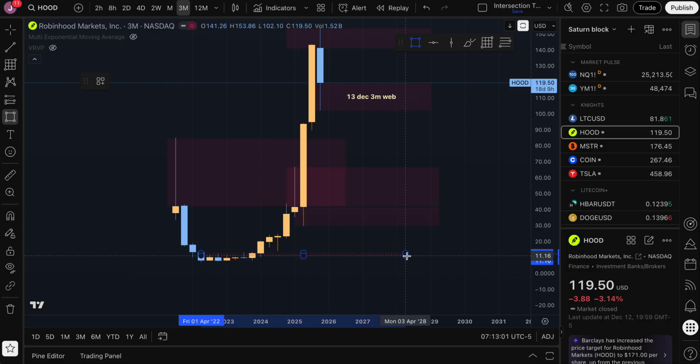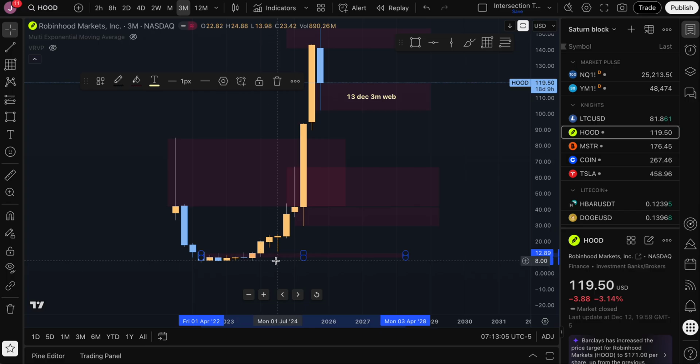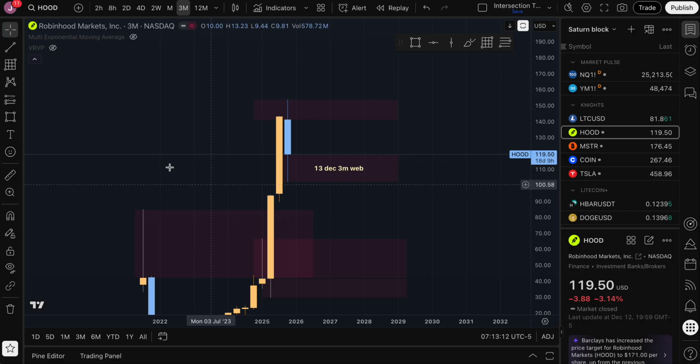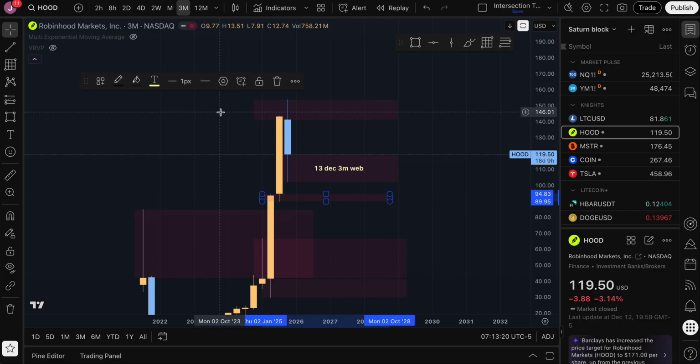I'll just take 6 and go to the top of this candle body. But mainly price is up here, so because price is up here, also focus on here.